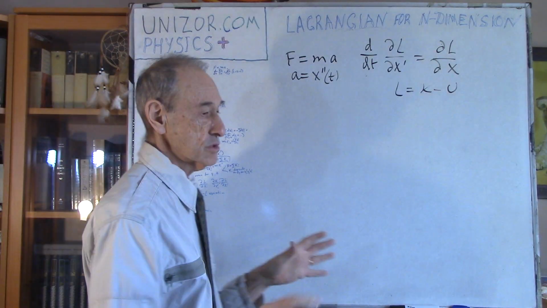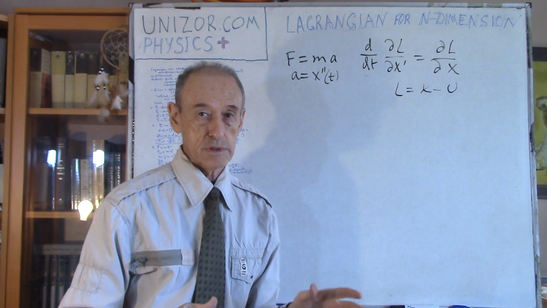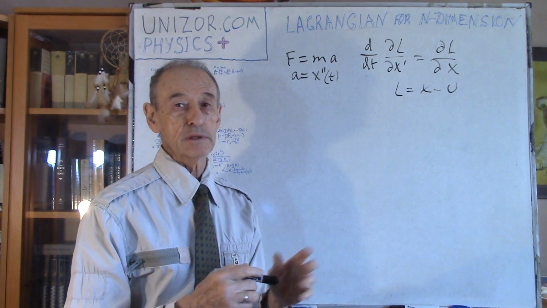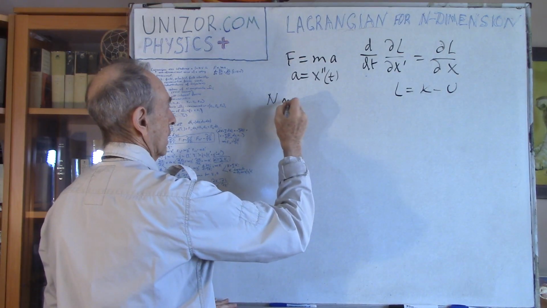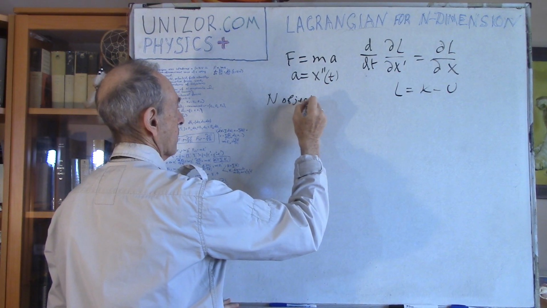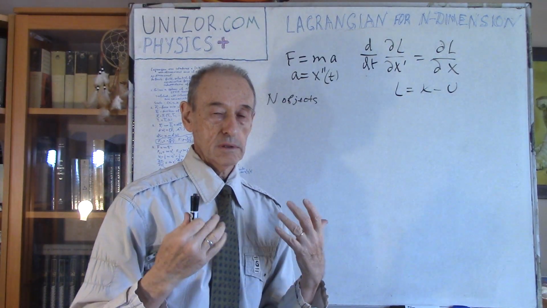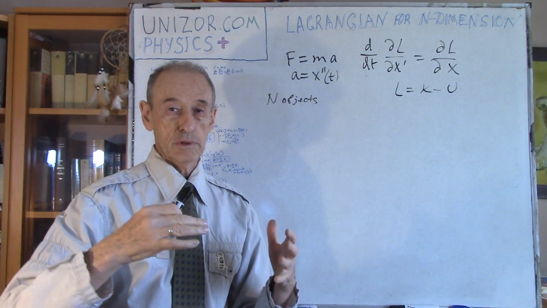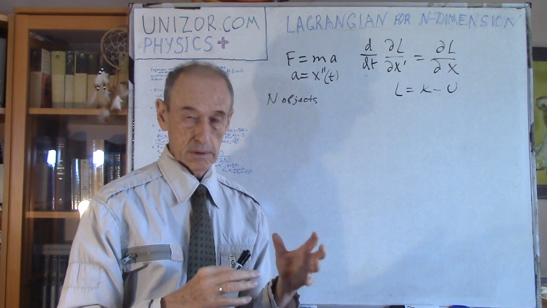Now, we do assume that we are talking about only conservative forces. So we have an isolated system of n objects. It's isolated in the sense that there are no external forces acting on objects within this system.